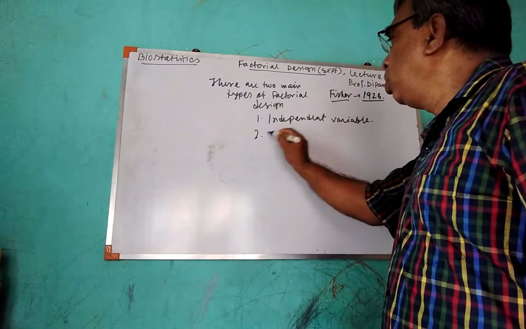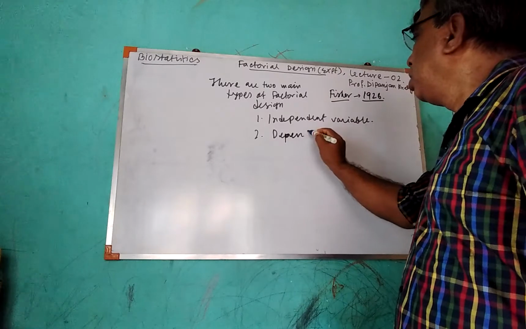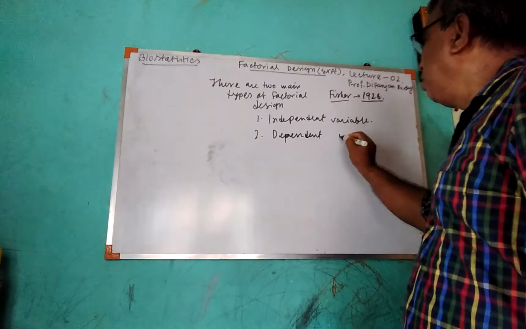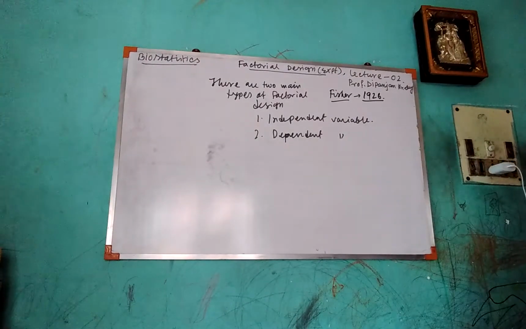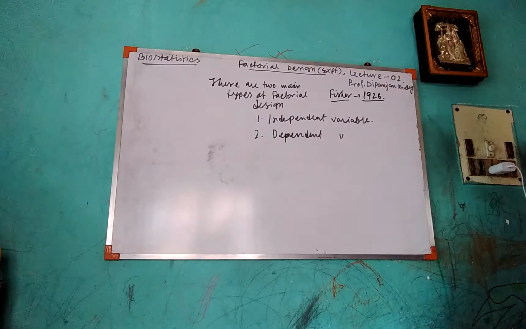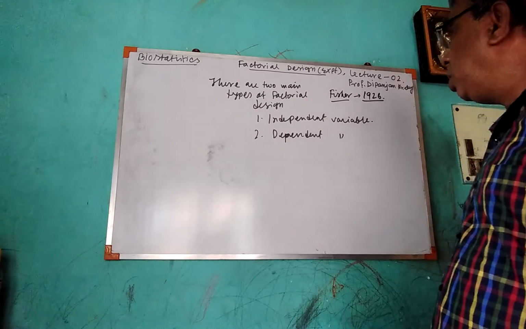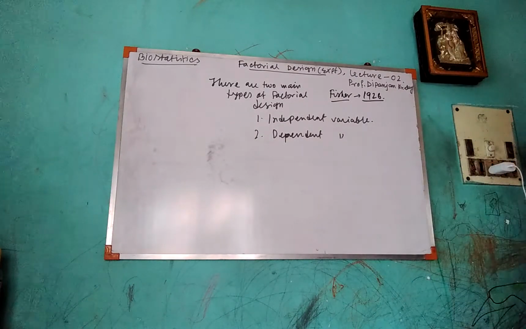Number two, dependent variable. Independent variable means the values do not depend on each other. That is the variable which does not depend on any other.